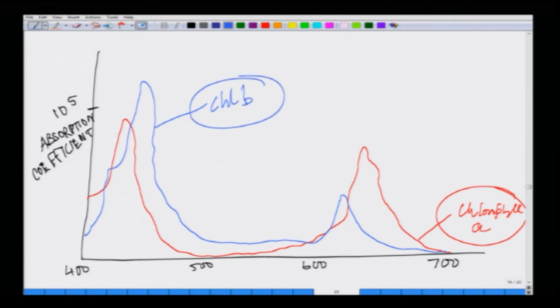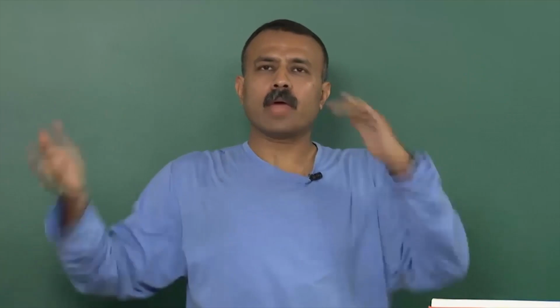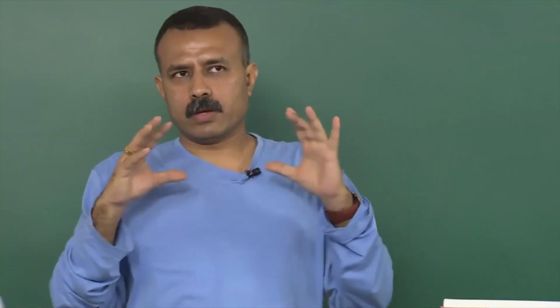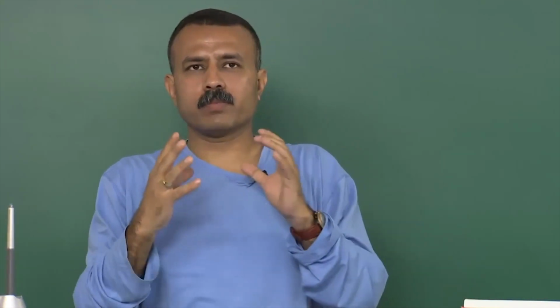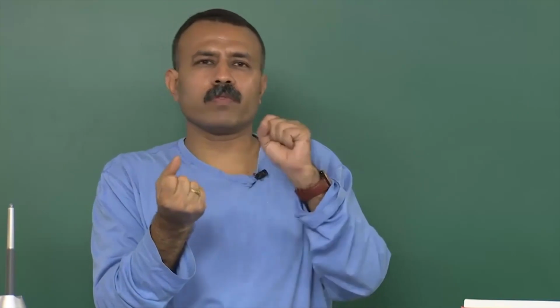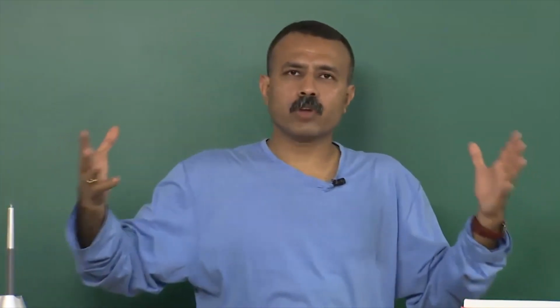So if you look at both the spectra very carefully, we will observe that chlorophyll B is in between the two extremes of chlorophyll A. So what is happening is that if a cluster has, say, 5 chlorophyll B molecules and 5 chlorophyll A molecules, they will be absorbing a certain amount of light within a certain range.